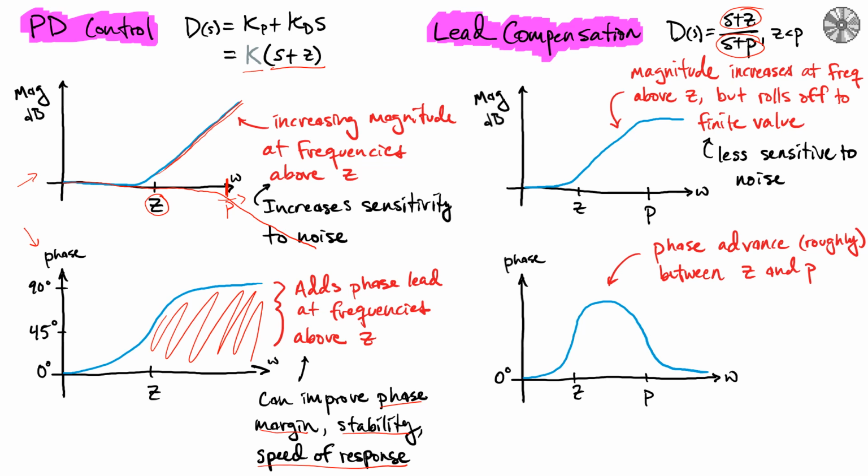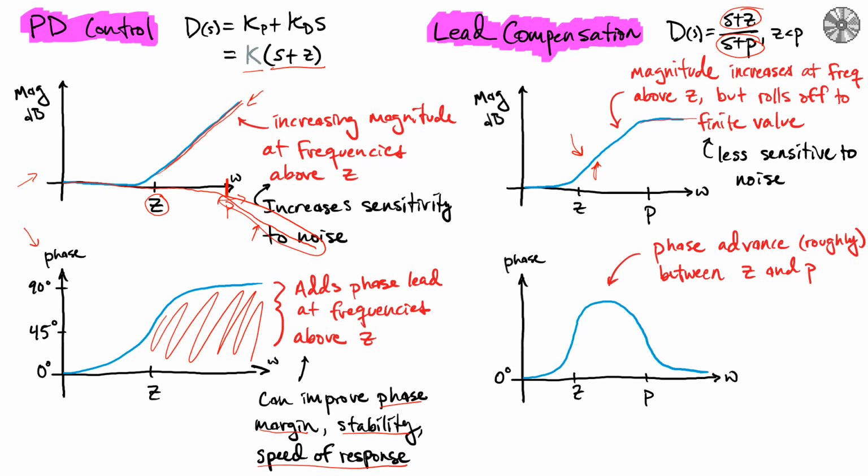And so if you were to add the contribution from this plot, which comes from the 0, and this plot, which came from the pole, you would get this overall plot, which essentially makes this vague S shape, so that it starts increasing at 20 dB per decade because of the effect of the 0 having already broken after omega is equal to z. And then this negative slope that is introduced by the pole essentially rectifies that and brings that back, and so now it tapers off to a finite value.